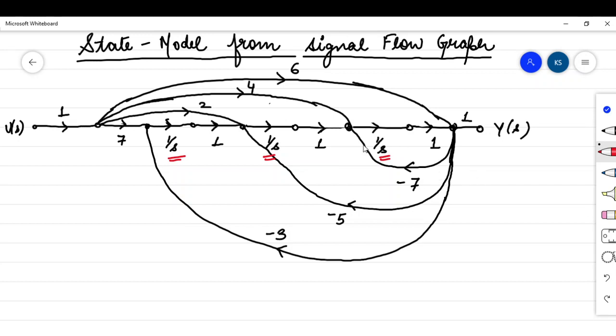Just take the output of the integrator as state variable. Keep in mind that if you have defined the output of the integrator as x1, the input to it is x1 dot, because when you integrate x1 dot, you will get x1 only.